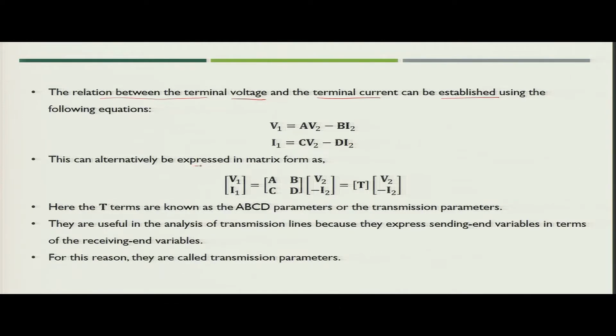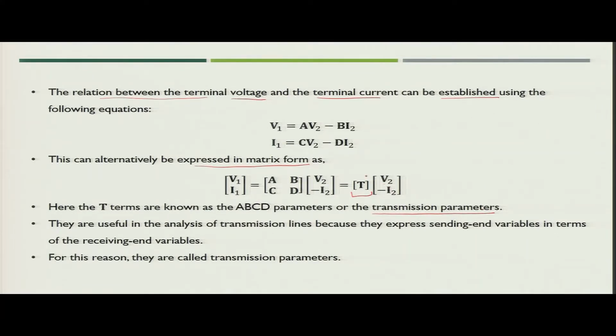In matrix form, the dependent vector V1, I1 is represented as the matrix ABCD multiplied by the independent vector having V2 and minus I2. In this case, ABCD can be written as capital T, and this defines the transmission parameters.